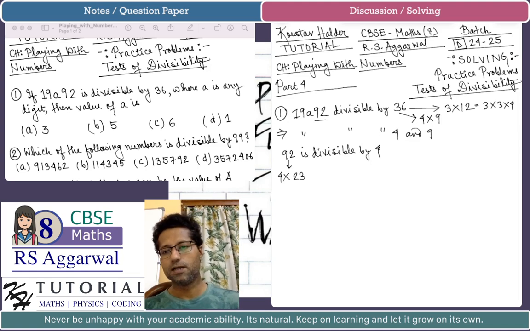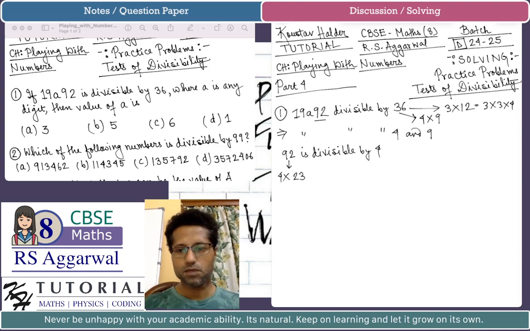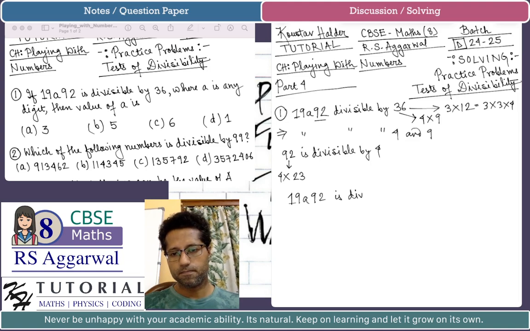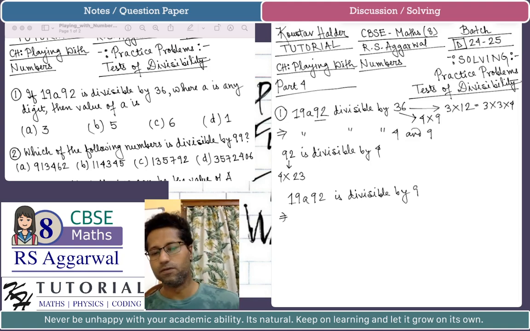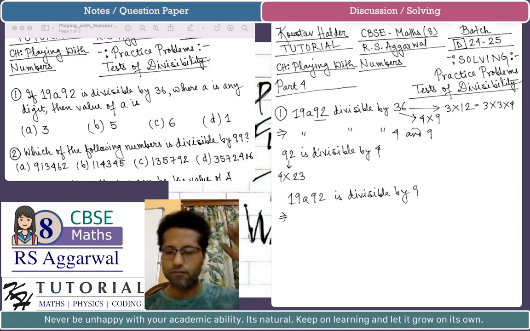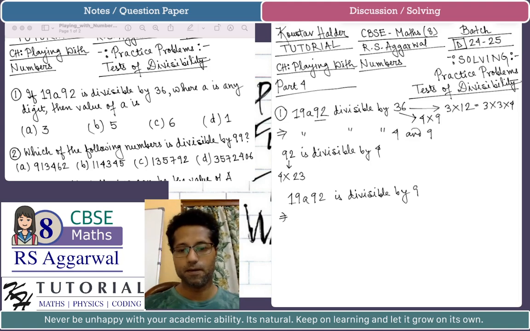Now we have to check that the given number must be divisible by 9. We know that a number is divisible by 9 when the sum of its digits is divisible by 9.